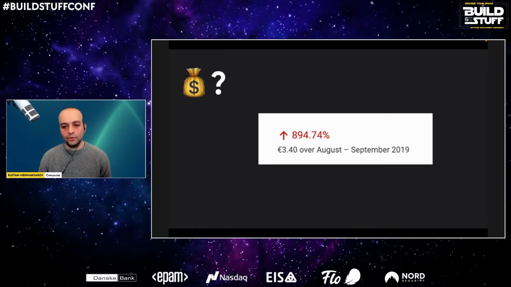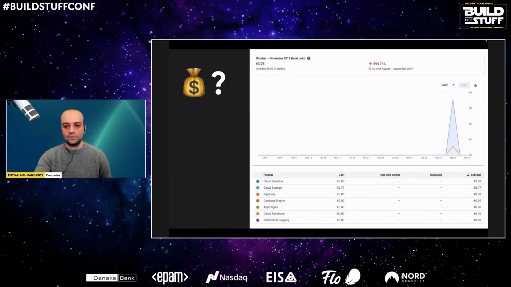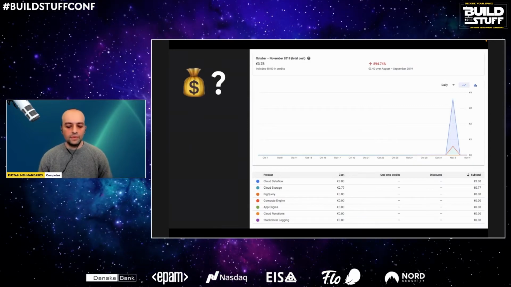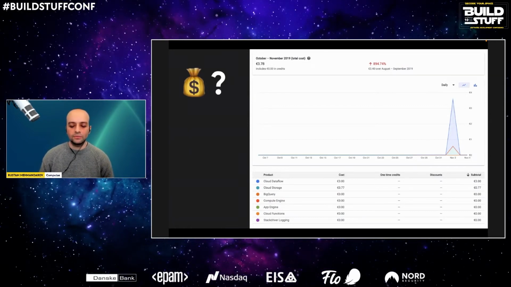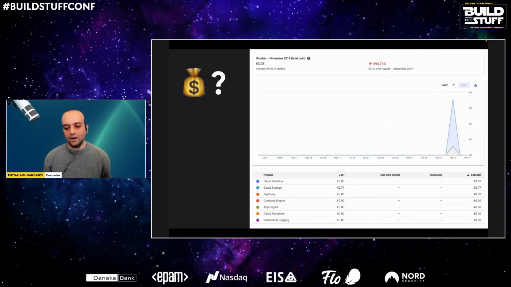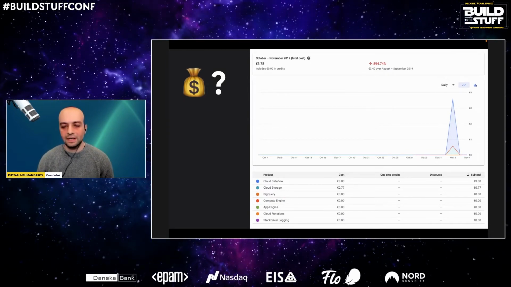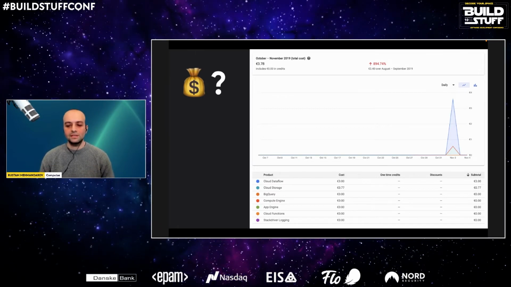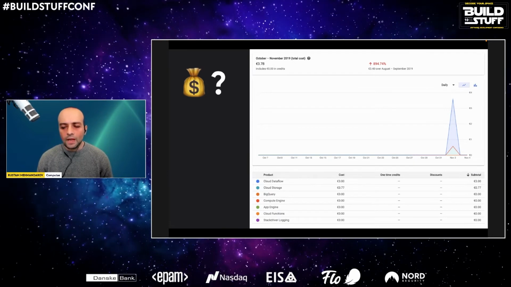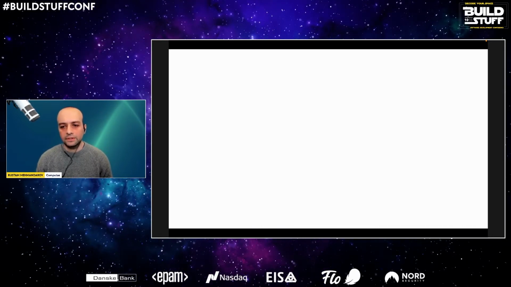And that was kind of cool, because I did see that crazy spike, but the reason it spiked was that until recently I was running on pretty much zero cost, and now I had to pay those crazy 3.4 euros, which wasn't that bad.